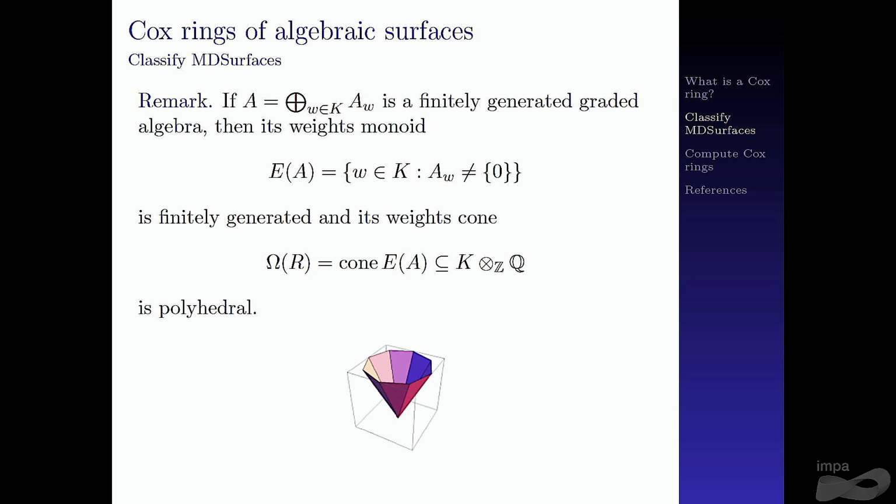Well, if we apply this remark to the Cox ring, what we see is that this weight monoid, in the case of the Cox ring, is just given by effective degrees, those degrees where the Riemann-Roch space is non-trivial. The cone associated to that is what is called the effective cone of the variety.